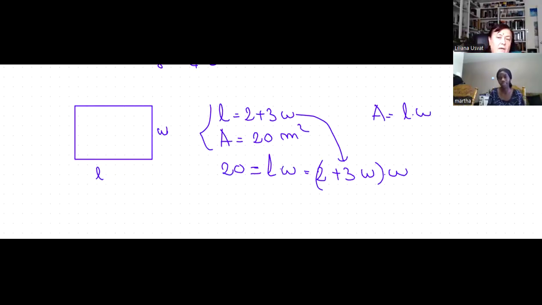Okay. So 20 equal, we FOIL. We multiply width with each element inside of the bracket. 2 width plus 3 width squared.